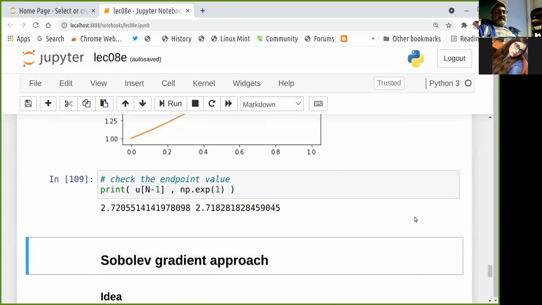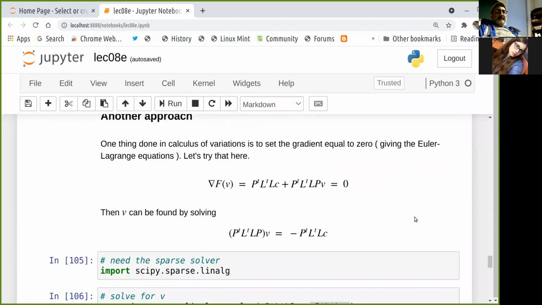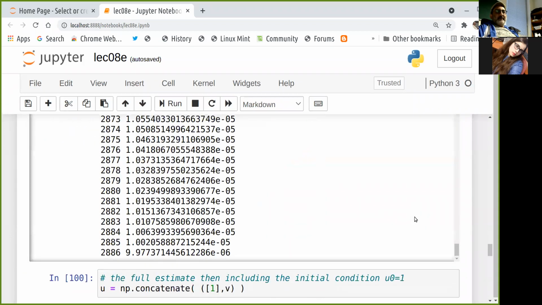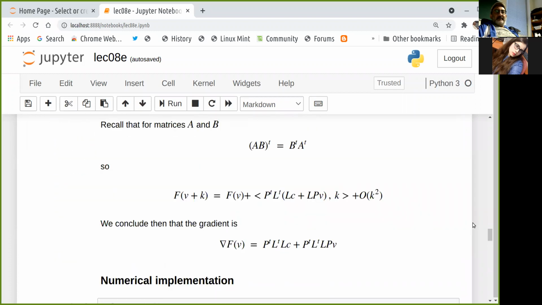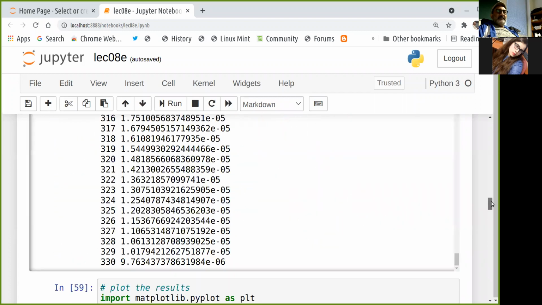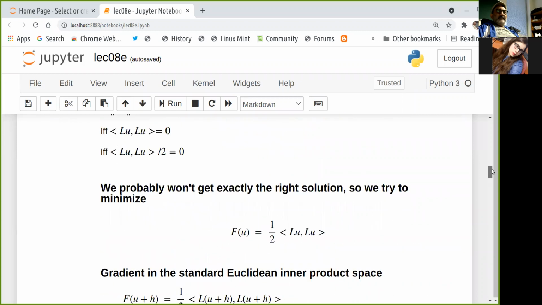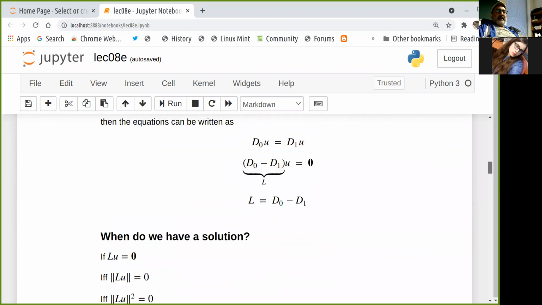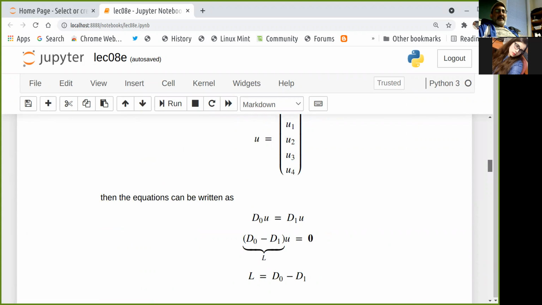What I'm going to do is I'm going to say that in this problem, look, I've got this L, right? I have this L. So L is the important thing that's showing up.